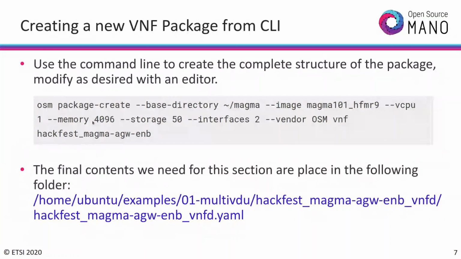So we will be running this command here, and the final contents, you will be able to explore them on this path here. So for this first exercise, we will use the CLI, okay?